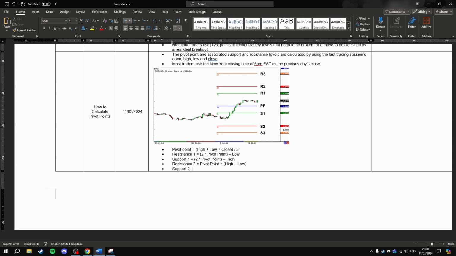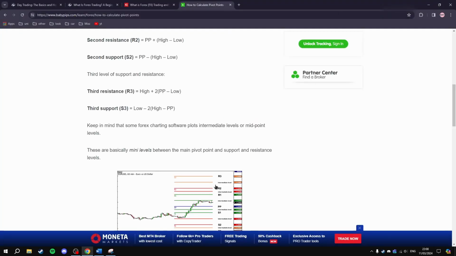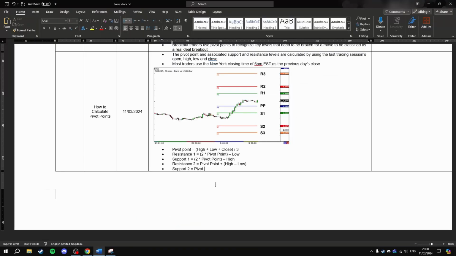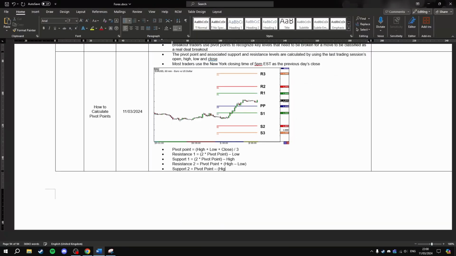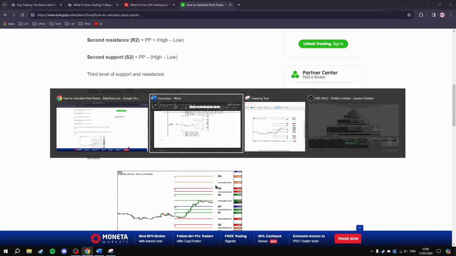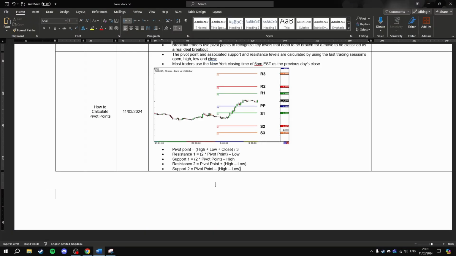Support 2 is equal to pivot point minus high minus low.